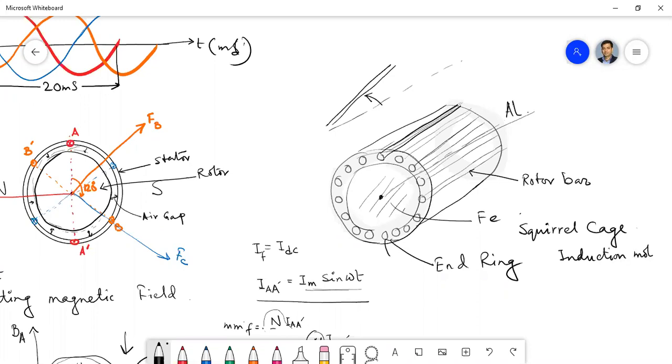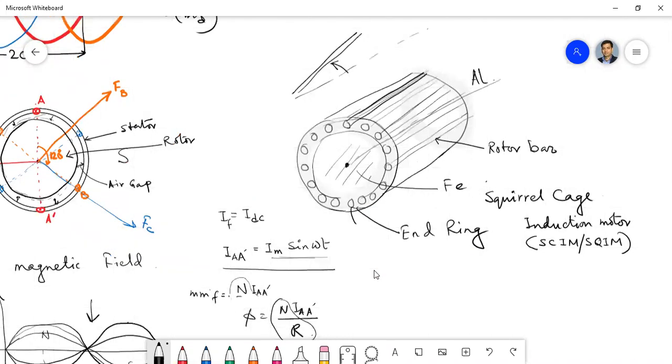We have another construction, but this construction is more popular than the other one. This is called SCIM, squirrel cage induction motor. That means we don't have coils or windings here.